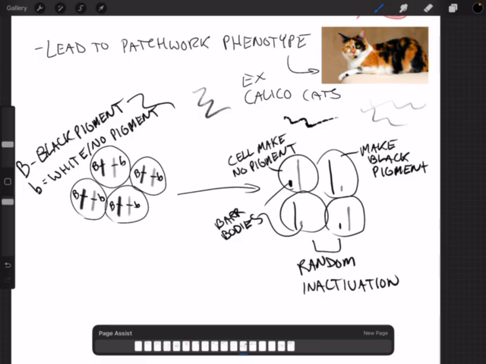So what's kind of remarkable about this, in my opinion, is a couple things. One, if you are in the room and have 2 X chromosomes, depending on what part of your body we're talking about, you're either making the one from your mom or the one from your dad, but never both. And so if you have a phenotype from an allele on your father, it may exist in certain parts of your body, and the rest of your cells may not have that phenotype, which I think is kind of interesting.